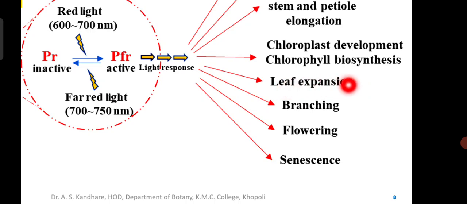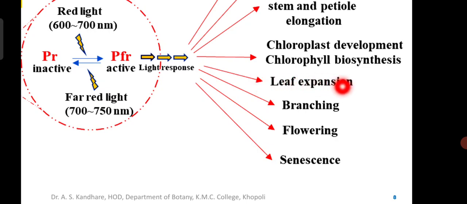Similarly, leaf expansion, isn't it? जब शुरू में पत्ते आते हैं तो वो थोड़े से नाजुक होते हैं और कर्ली होते हैं, थोड़ा सा रोल्ड होते हैं, तो उसका एक्सपांशन होना भी ज़रूरी होता है in order to receive a proper sunlight for photosynthesis and photomorphogenesis.